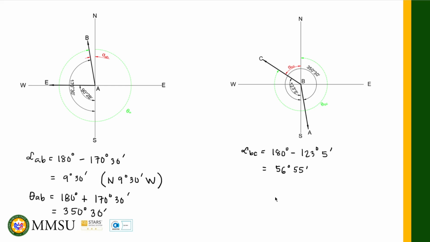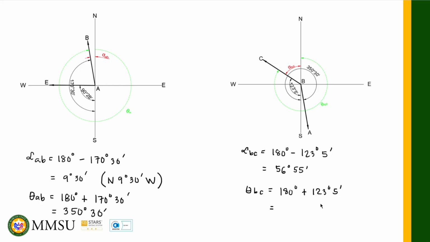Okay, and for theta BC, our theta BC is this one. Basically that's 180 degrees plus the azimuth, the same principle. So 180 degrees plus 123 degrees 5 minutes.